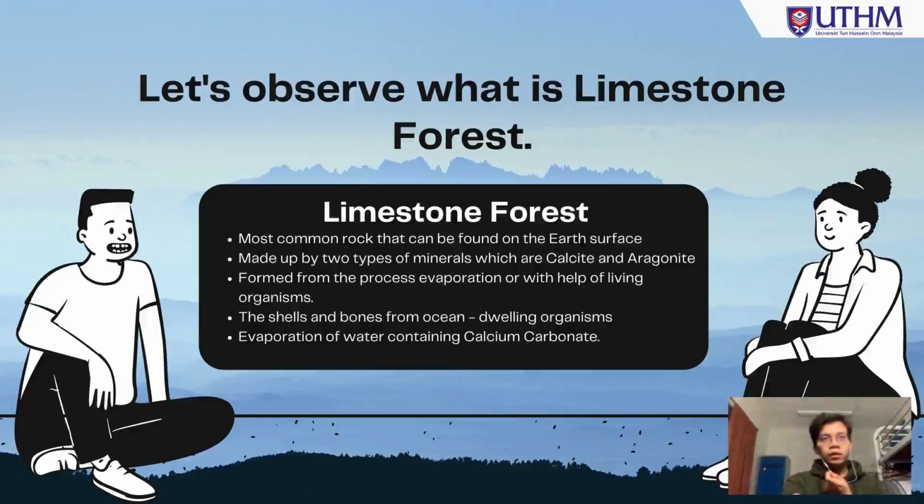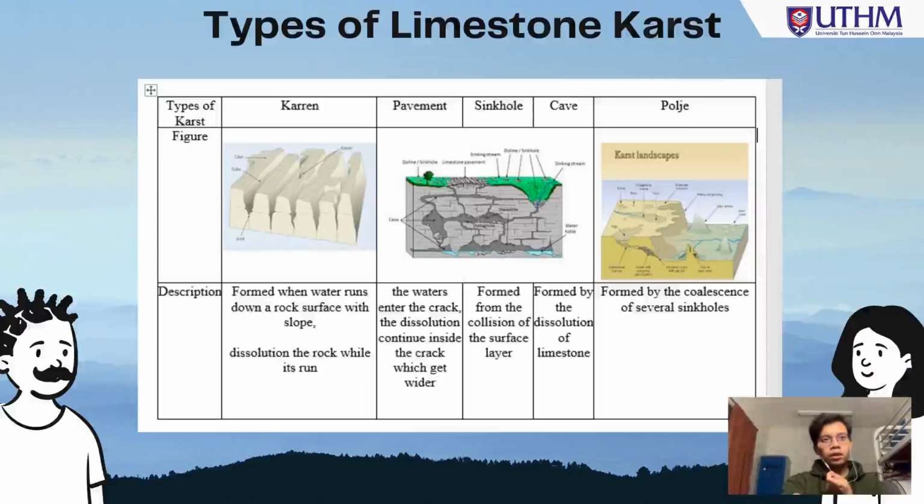Types of limestone karst. There are 5 types of limestone karst, which are karren, pavement, sinkhole, cave, and polje. Karren is formed when water runs down a rock surface with a slope. The water dissolves the rock while it's dry.